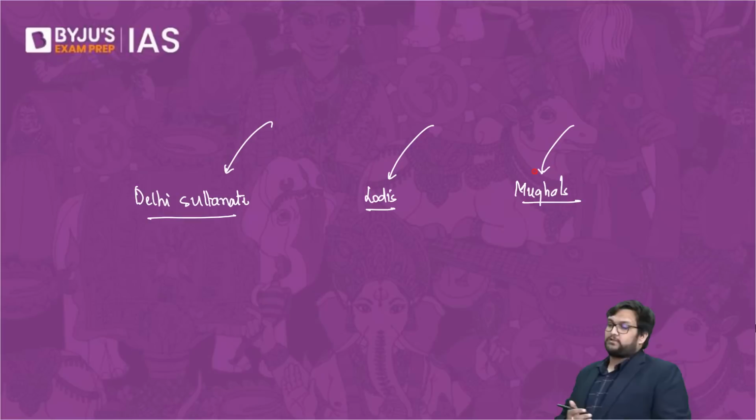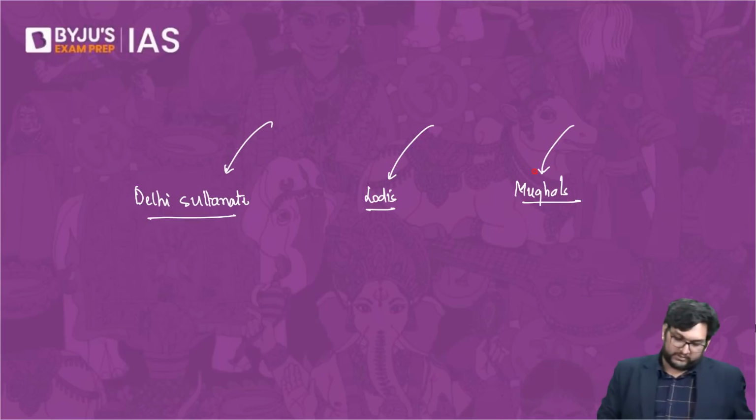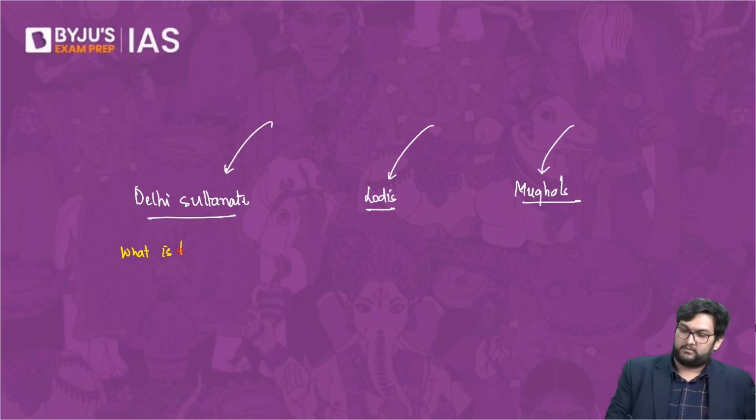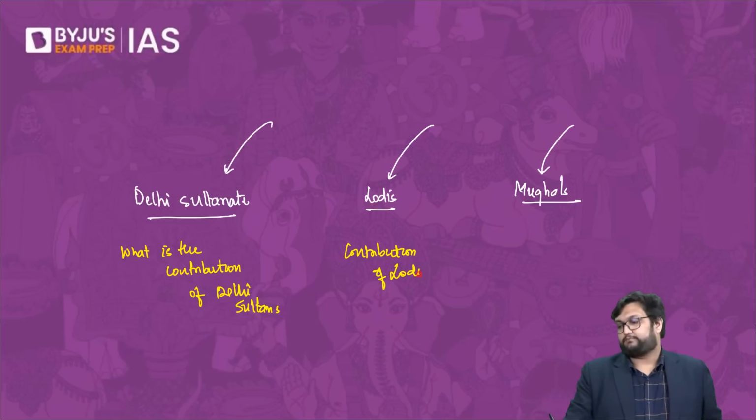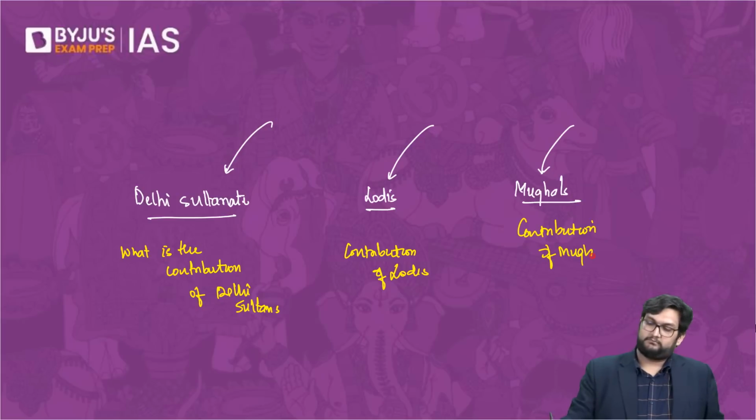Each can be a subject of question, meaning what is the contribution of Delhi Sultans, contribution of Lodhis, contribution of Mughal emperors. This is a standard question which can come.